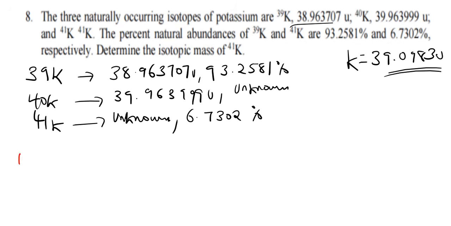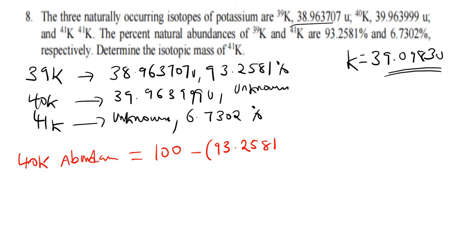So the abundance of 40K will be equal to 100 minus the two that we have: 93.2581 and the other abundance, 6.7302.